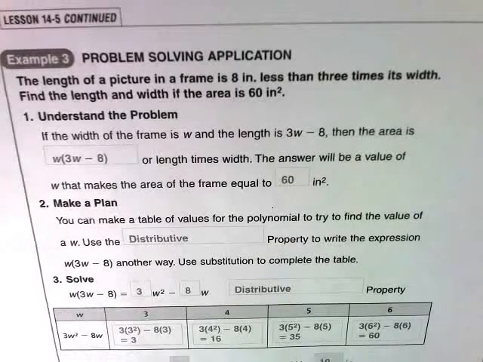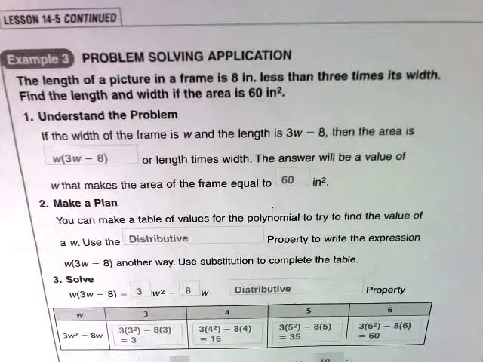So the answer here is going to be a value of W that makes the area of the frame equal to 60. Now, obviously here what we're doing is we're solving this using the distributive property again, which is why it fits in this section, because that would imply that we're going to have to multiply, and this section is about multiplying.